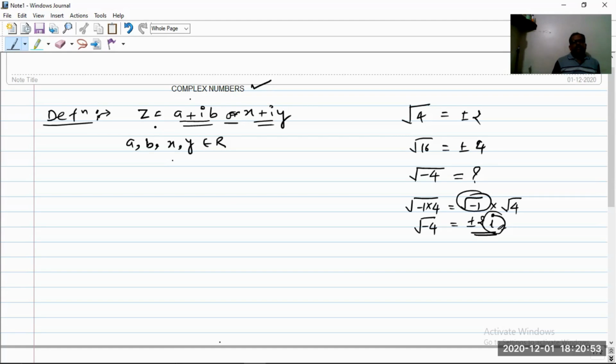In general, we can define a number in the form a plus ib as a complex number, where a and b are real numbers, and i is called the imaginary unit whose value is root of minus 1, right? So with the help of two real numbers a and b and an imaginary unit, root of minus 1, we can define a complex number.